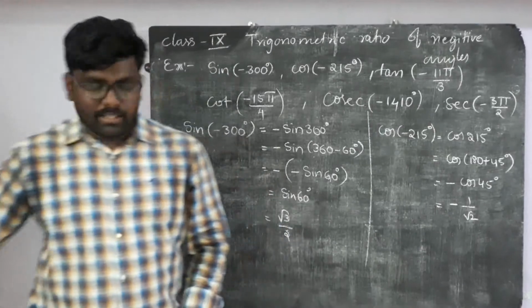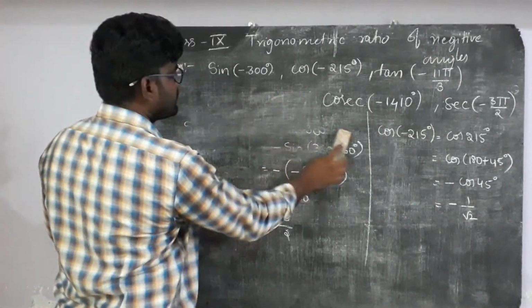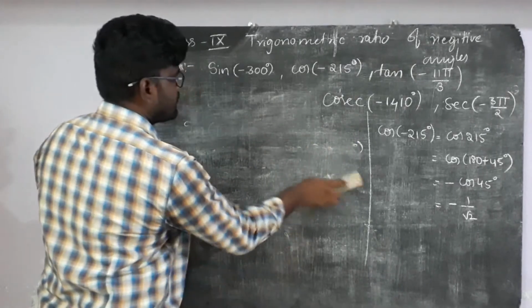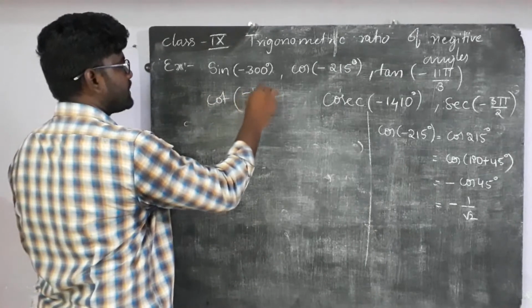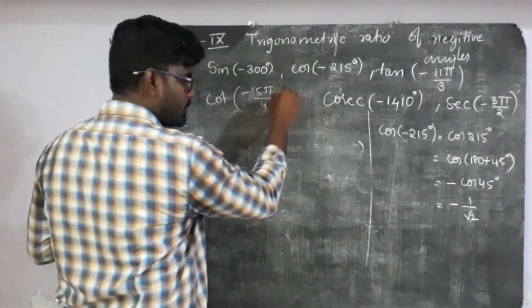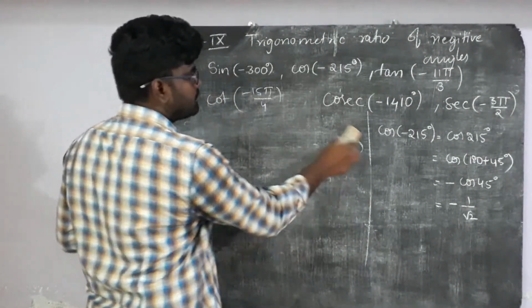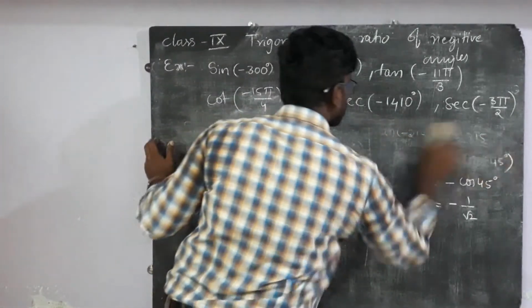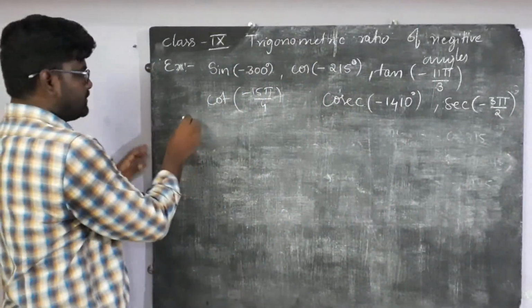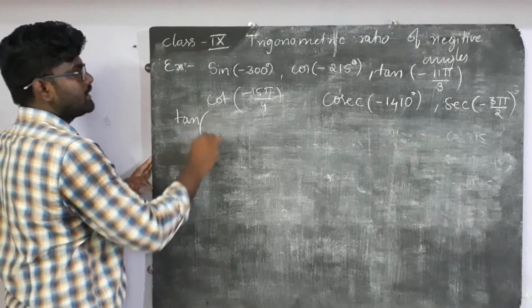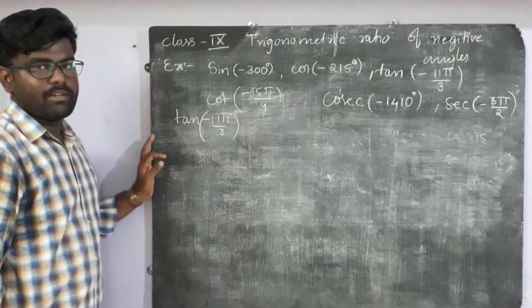In the same way, the next example: tan minus 11 pi by 3.